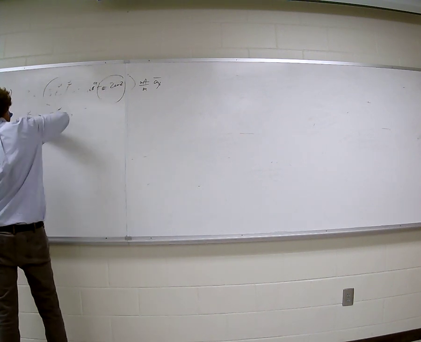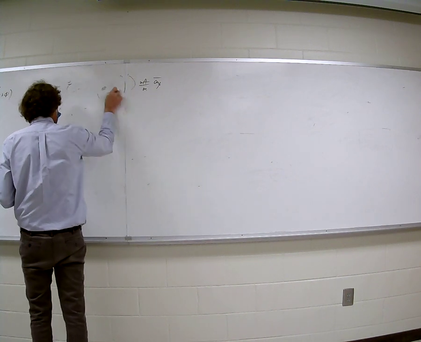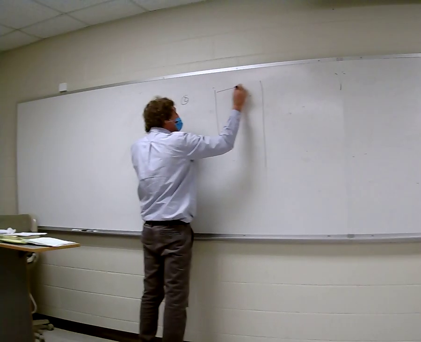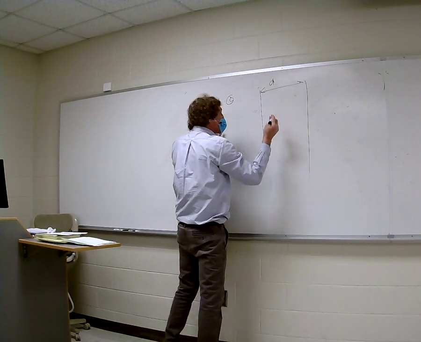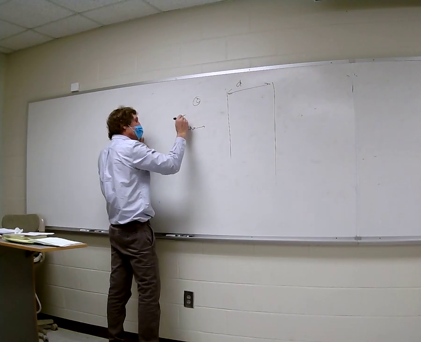Problem 2 is the shield. And this is a thick shield. So here we've got a shield of thickness D, and we have an incoming electric field.